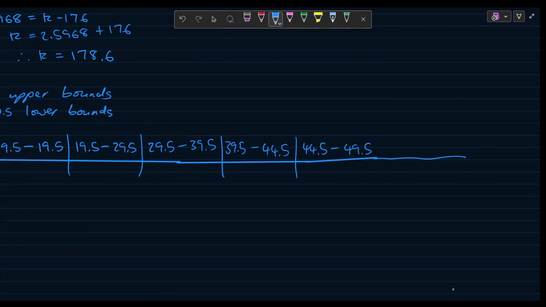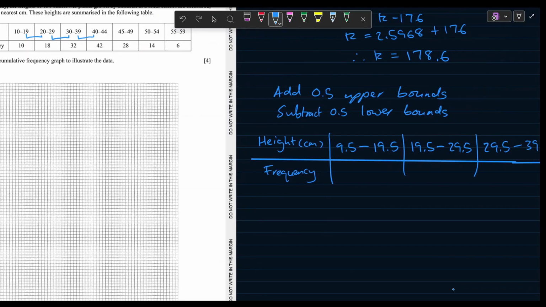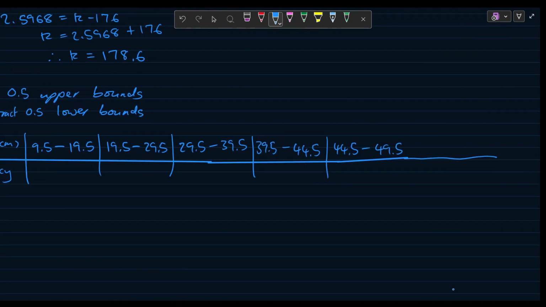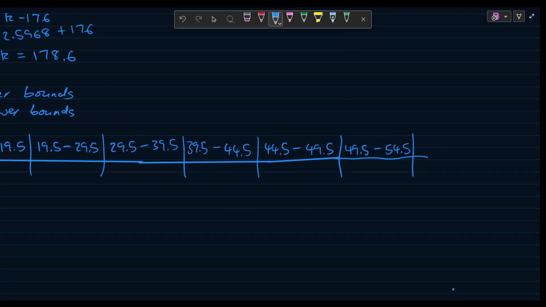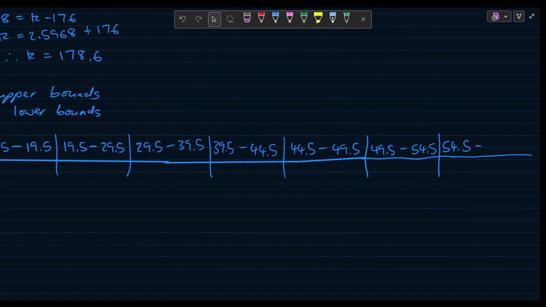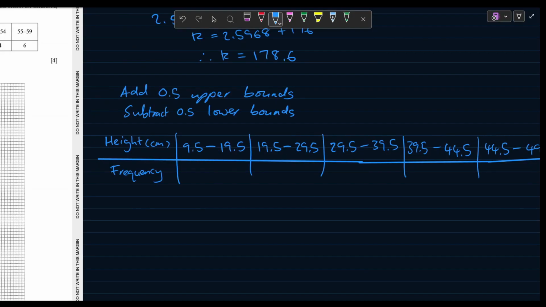I think we've got another class that's going from 49.5 to 54.5, and we've got another class as well, going from 54.5 to 59.5, and this is the final class. So we've closed our gaps now. That was the first problem.